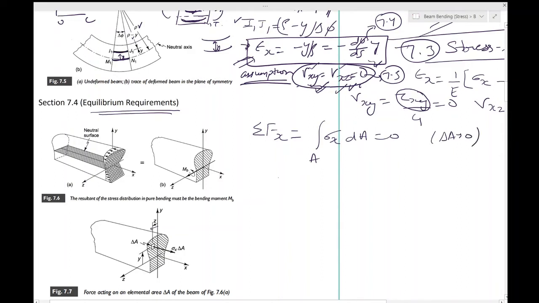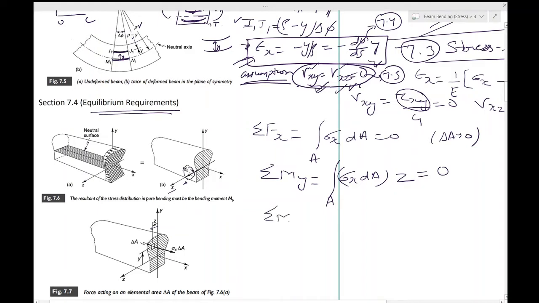And then you would have the bending about the y-axis. So you would have sigma x into dA, which is the force, and the lever arm in this case would be z. You would integrate this over the area, and this value is 0, which is given to us because the only bending moment which we have is along the z-axis, right?